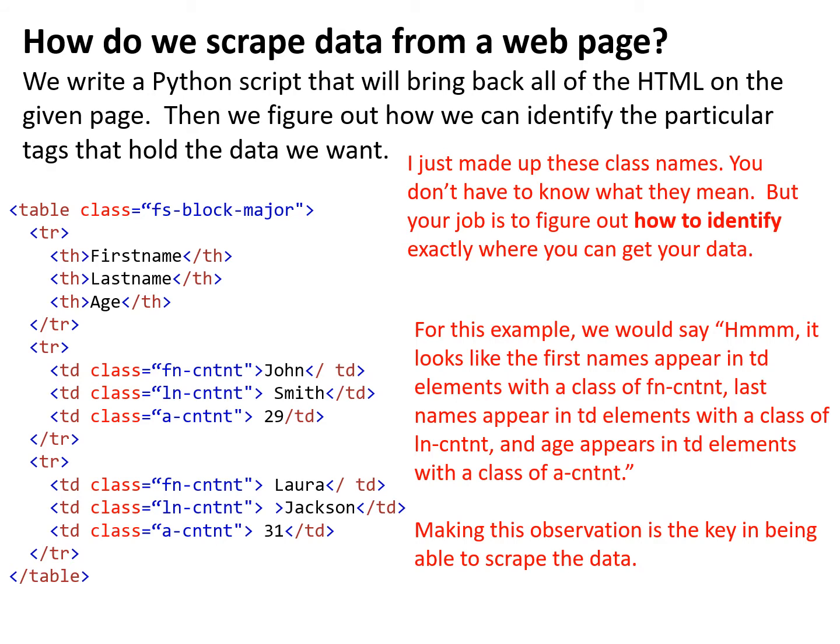And when you talk to a computer, there's not the intellect that we have going on. So you have to be very specific, and you would have to say, okay, to get the first names, you go to TDs with classes of FN-CNTNT, and to get last names, you go to these other ones, and so on. So we're just coming up with something that we can then eventually tell the computer to do in order to get the right data.